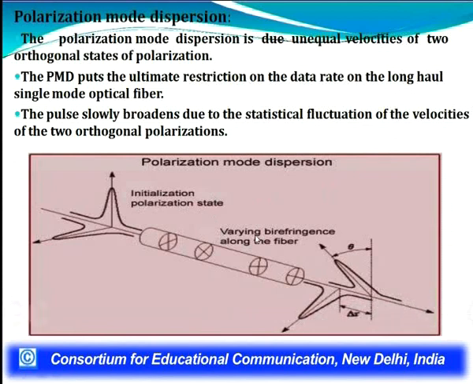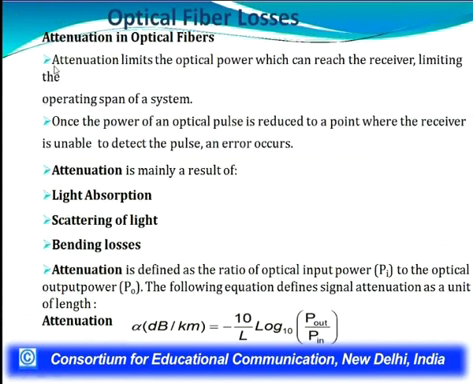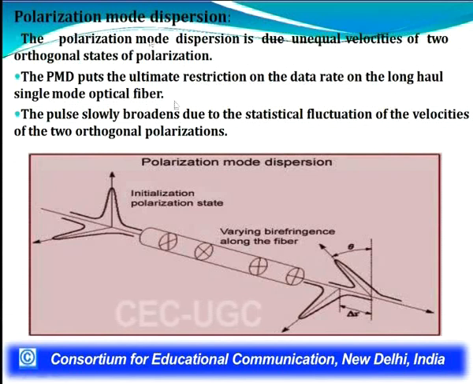Now it is varying birefringence along the fiber, and the output is in this form. This is the destructive form. That is the polarization mode dispersion.